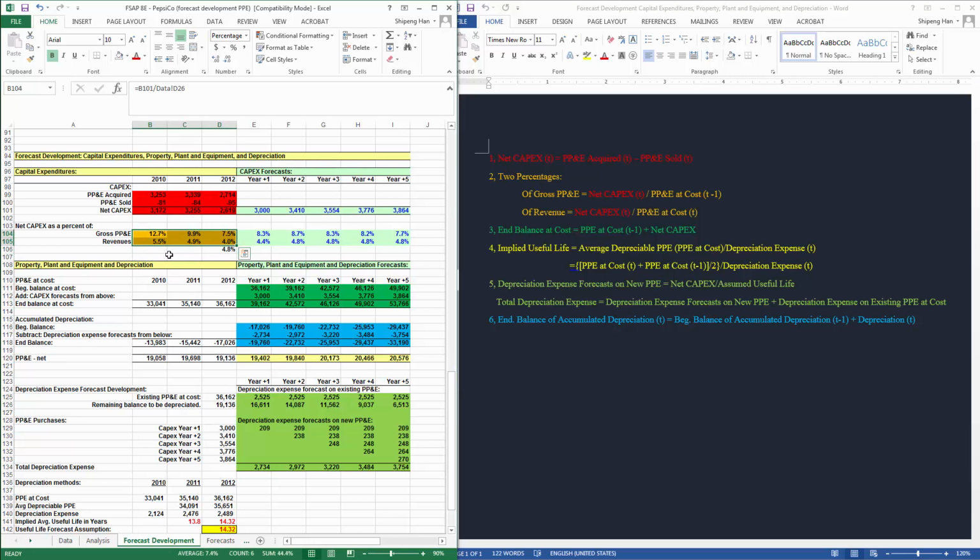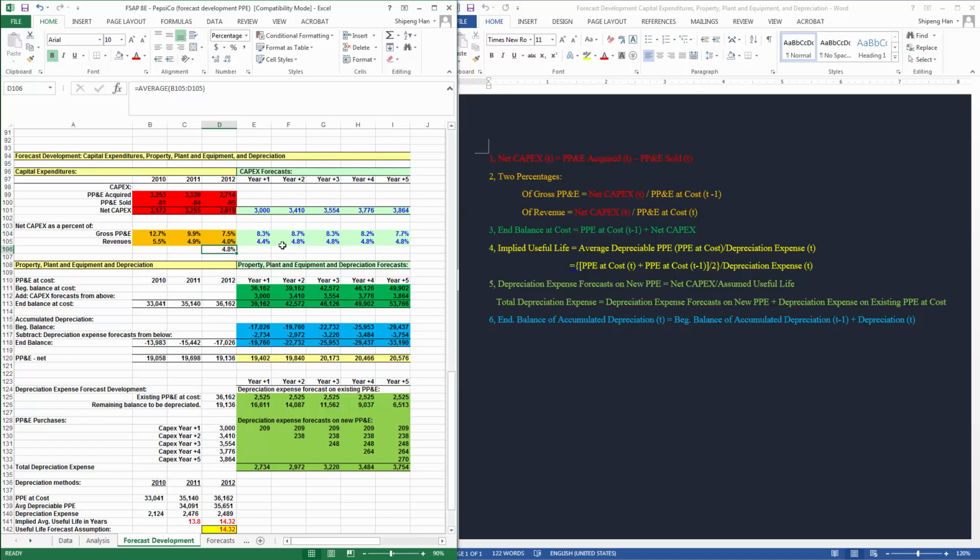Okay. So what we used is, see here, there's a 4.8. This is actually the average of these three percentages of the prior 3 years. Okay, 4.8. So we keep using 4.8 and assume the company will maintain this percentage for the next 5 years.